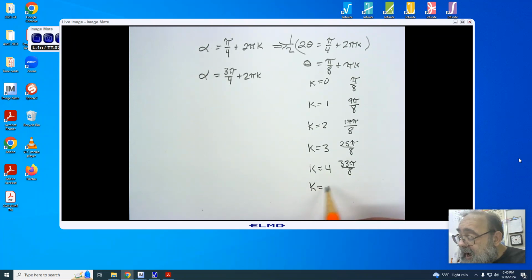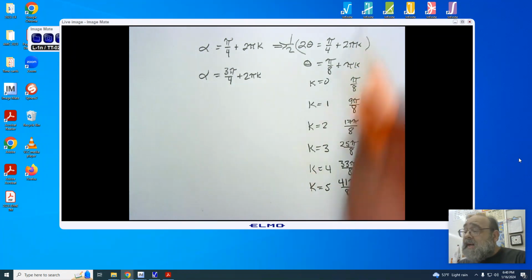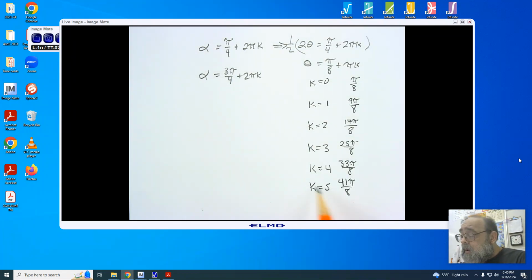K equaling 5 is now 41 pi over 8. But I know that 41/8 is going to be 5.125, or 5 1/8, and that is beyond 5 pi. So I stop right there. And these are my first solutions.